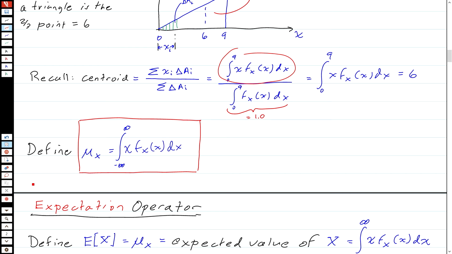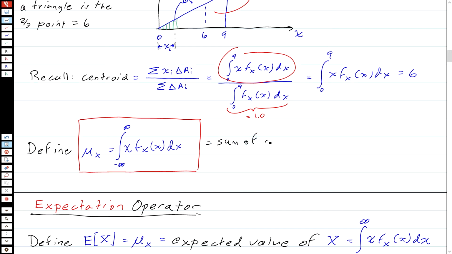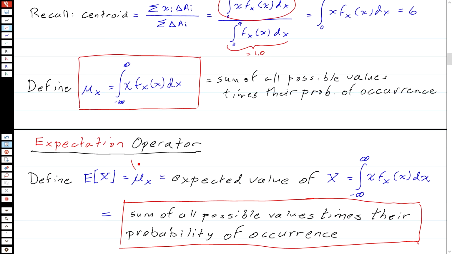Basically, it's equal to the sum of all possible values times their probability of occurrence. We see that it's the sum of all possible values, so that's the x value here.